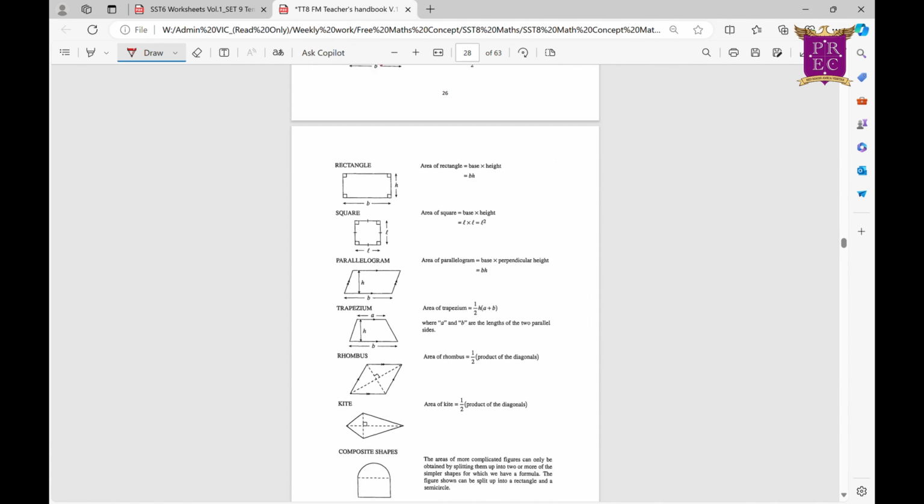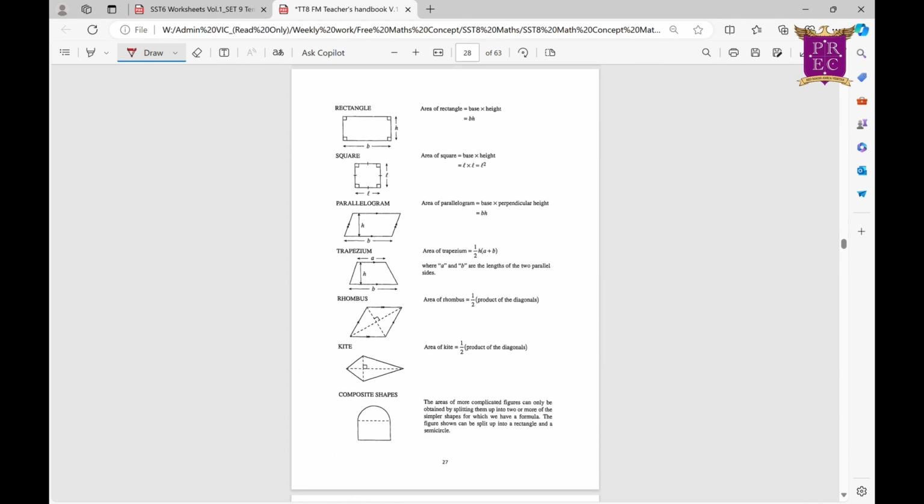Alrighty, with the trapezium, the area is half h times a plus b, a being the top length here and b being the bottom length here, and height being the distance between the topmost to the bottommost points of the trapezium. Okay, the area of a rhombus is just half times x times y, the product of the diagonals.